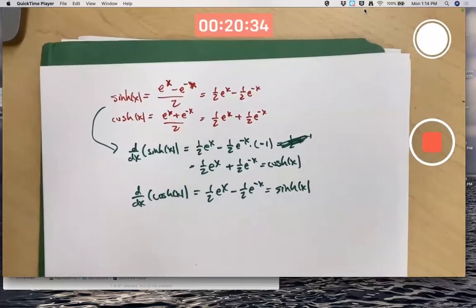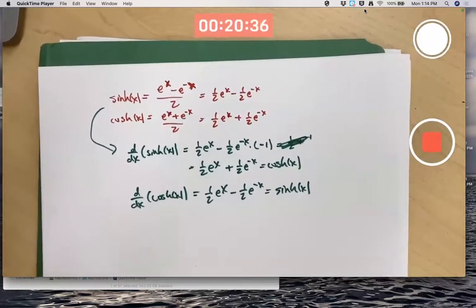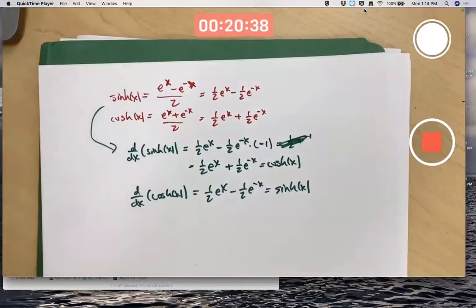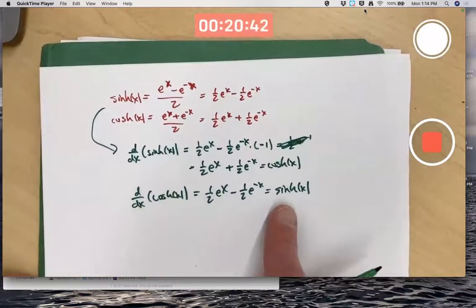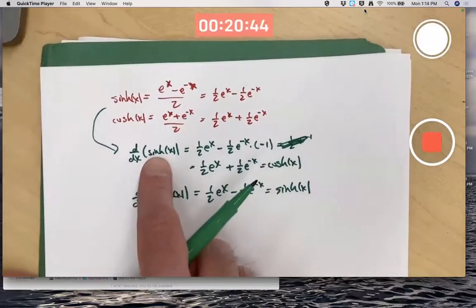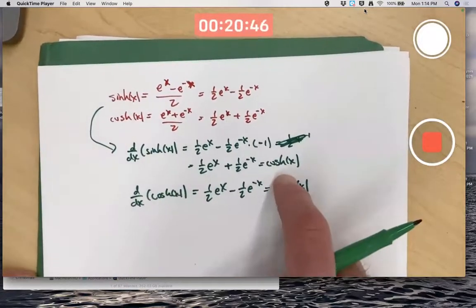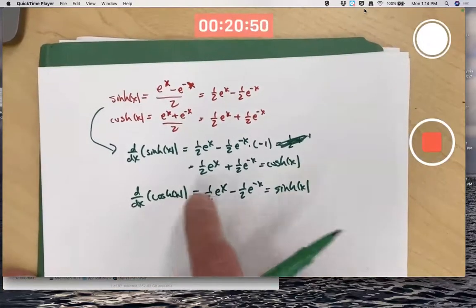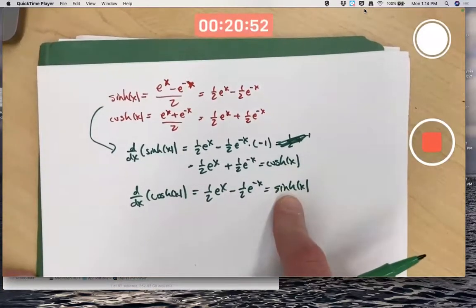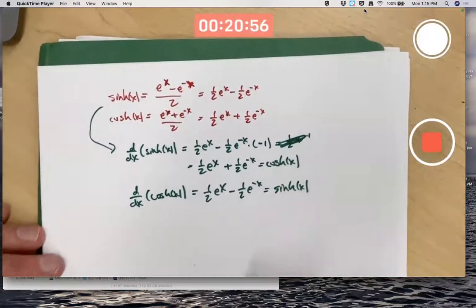The derivative of sine of x is cosine of x. The derivative of cosine of x is negative sine of x, right? Well, it's almost completely analogous. The derivative of hyperbolic sine is hyperbolic cosine. The derivative of hyperbolic cosine is hyperbolic sine, not negative hyperbolic sine. But it's still kind of similar.